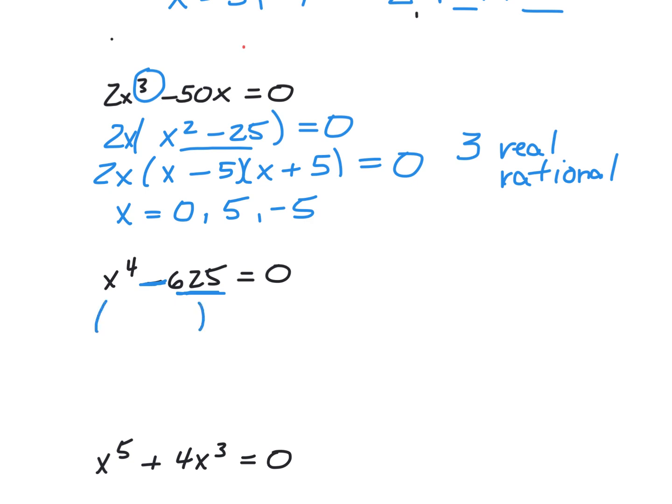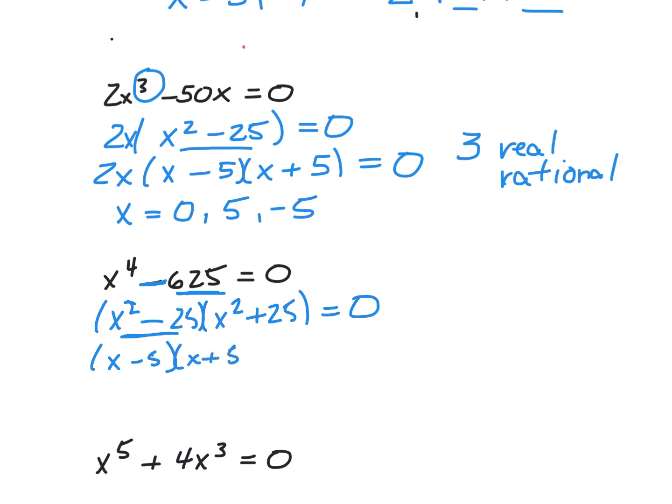It could be factored to be x squared and x squared. 625 is 25 times 25, and I would need different signs. So I'd have x minus 5 and x plus 5 in any order. The x squared plus 25 I would not be able to factor.